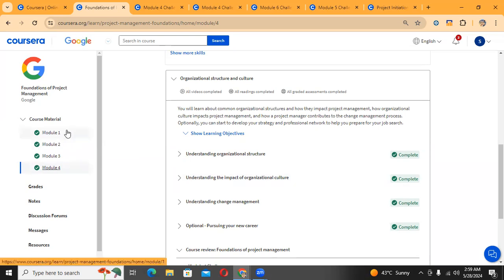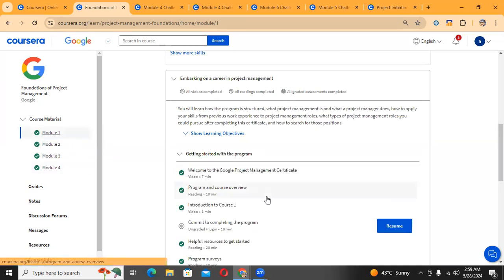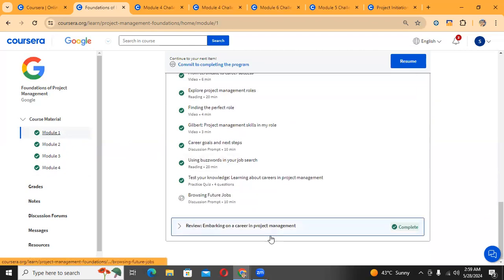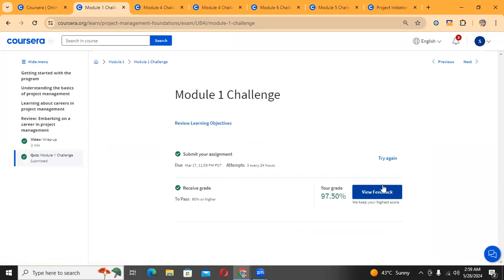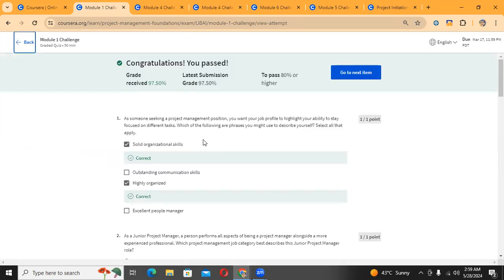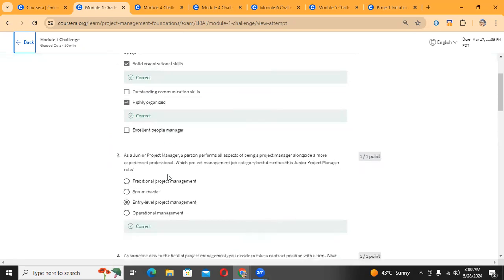So let's do the quiz from the first module. The first question is about when you're crafting your job profile, it's important to highlight your organizational skills and being highly organized, to emphasize that you manage and prioritize tasks effectively.